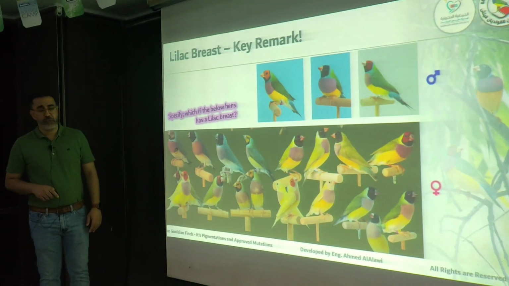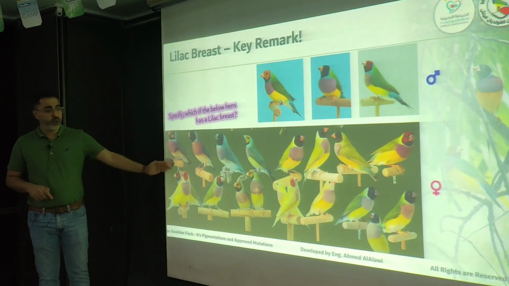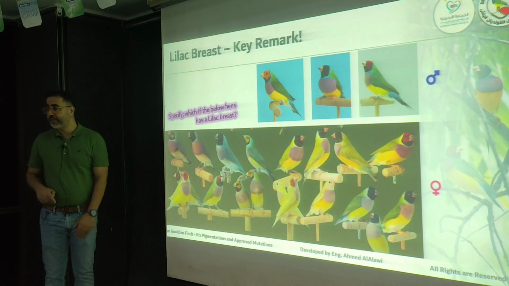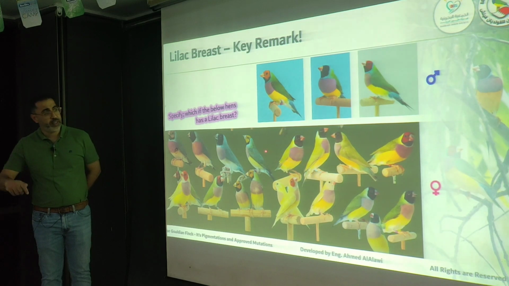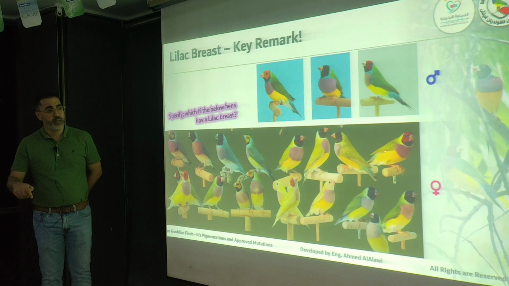Looking at females: which one of these has lilac breast? This? No. This? Yes. This one, yes. This one? No. What about this? This one is also light. What about this? Yes, light. And this? Purple. No, light.